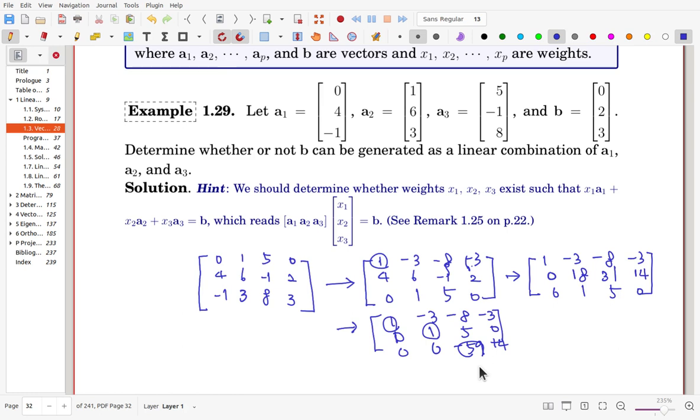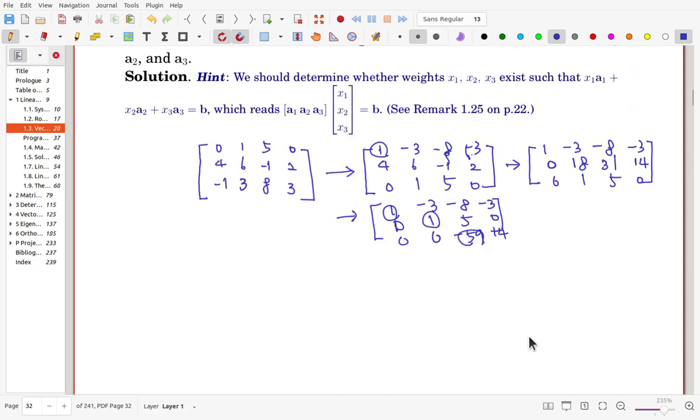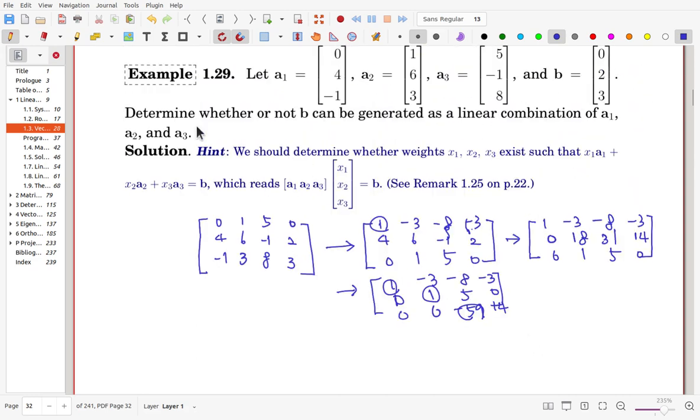But anyway, we have a solution because here we have a pivot in each row. Okay. So the answer for this one is yes. B can be generated as a linear combination of these three vectors. Okay.